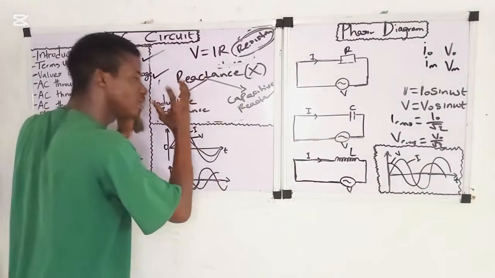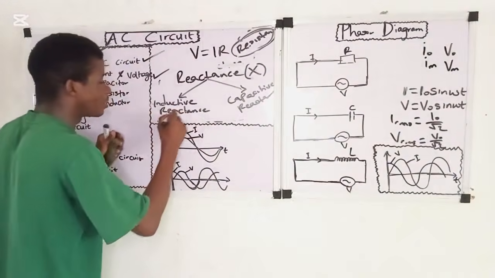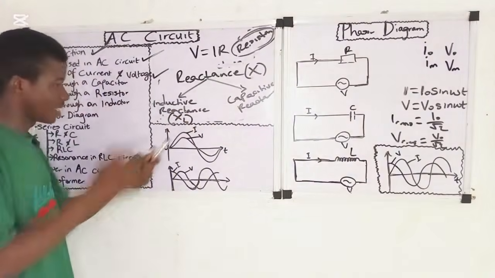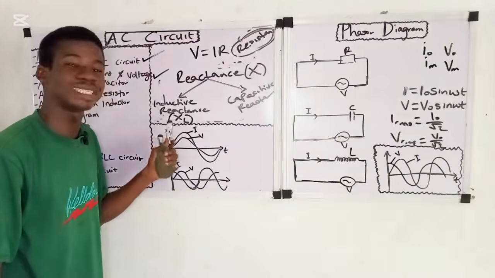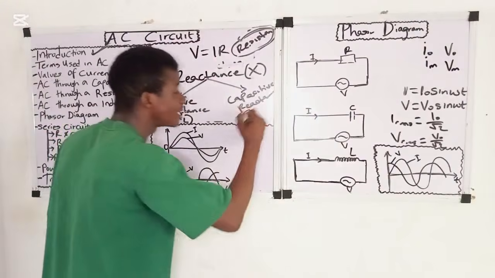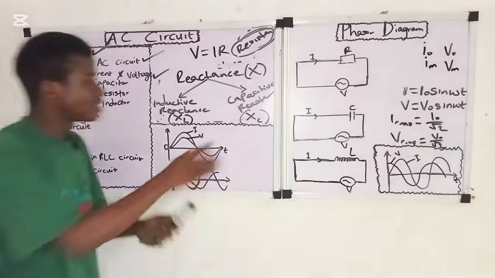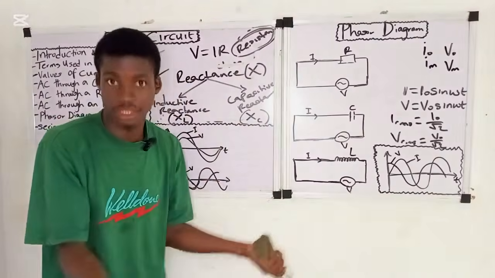Now, inductive reactance is represented by X subscript L. Then capacitive reactance is represented by X subscript C. This subscript C stands for capacitance, right?